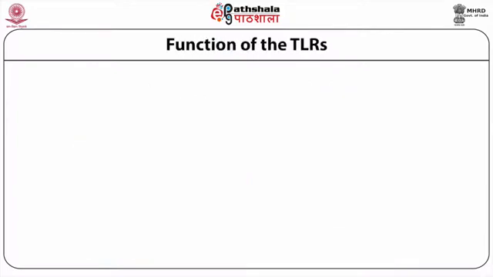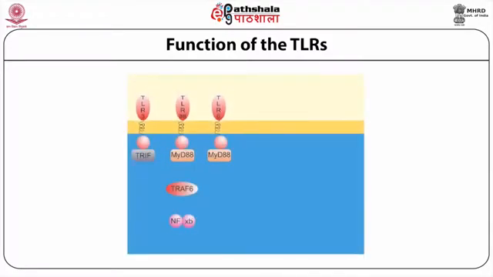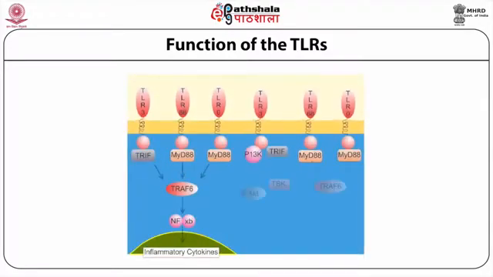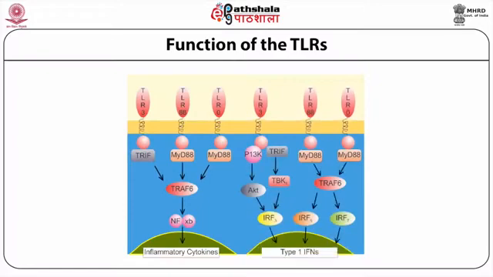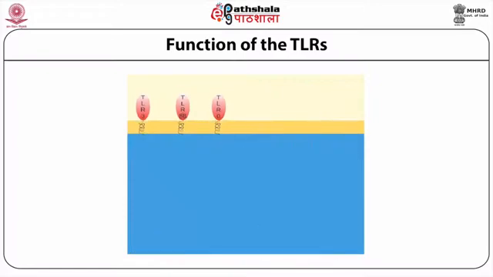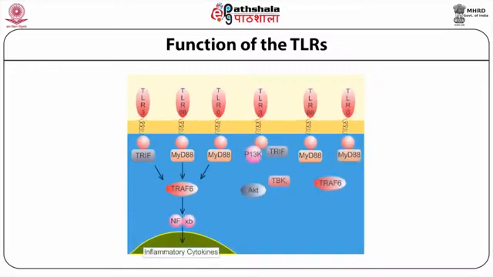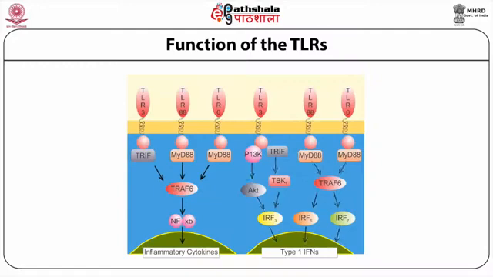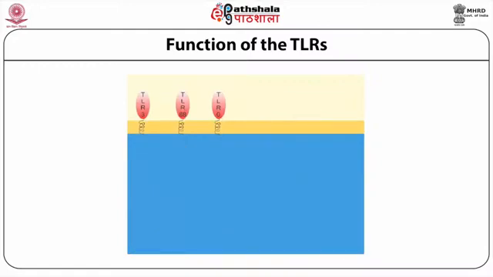Let us briefly look at the function of the TLRs. How do these toll-like receptors function? What basically happens is that upon binding to the ligands on the pathogen, they basically act as a receptor for these ligands which are present on the pathogen.